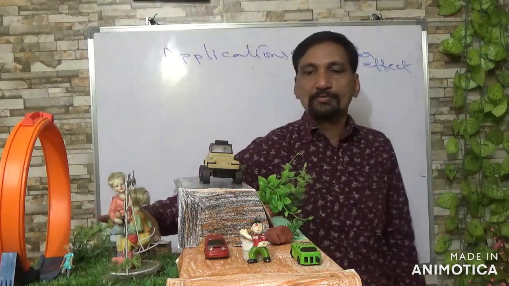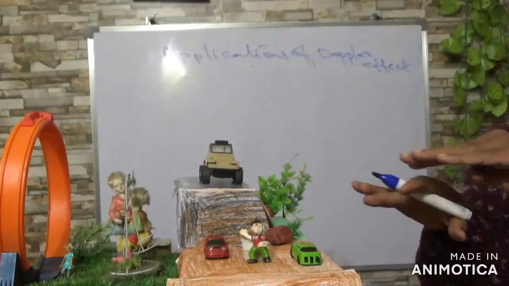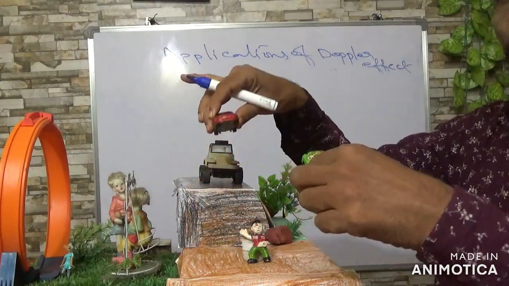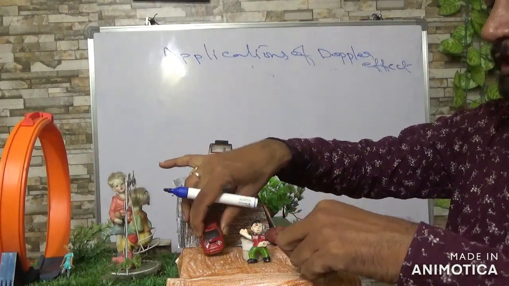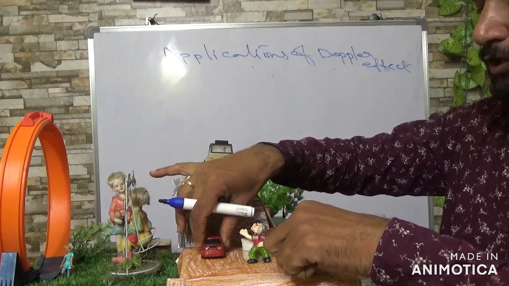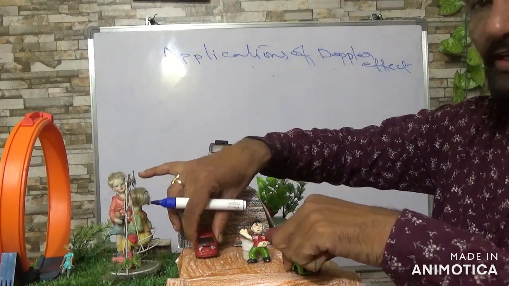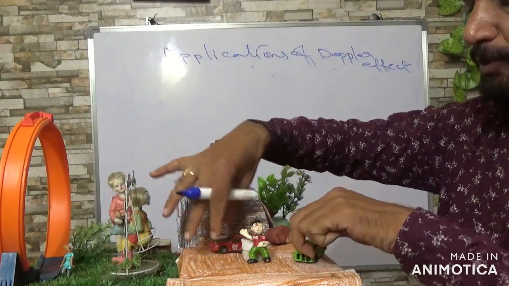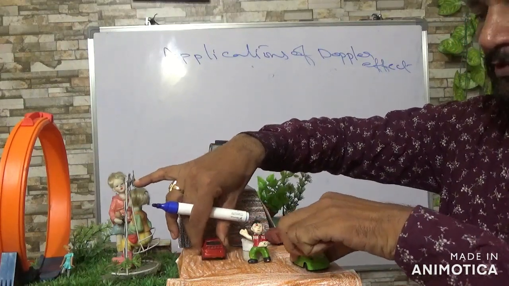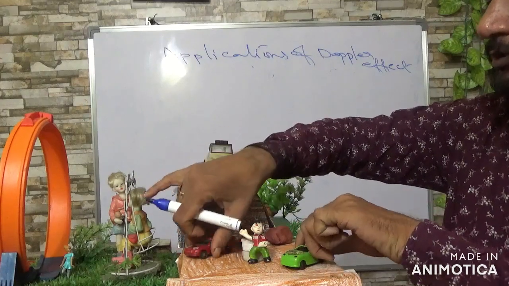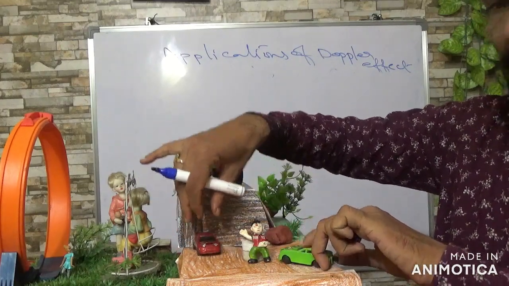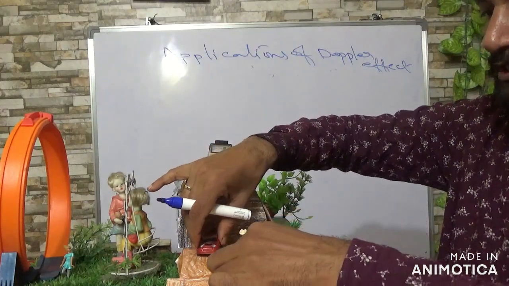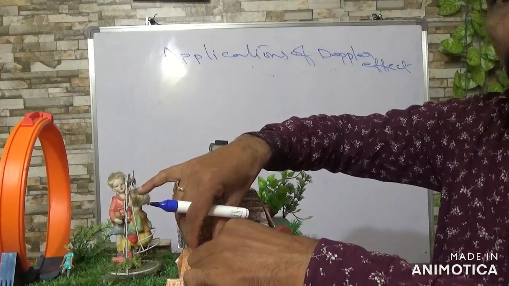Now first one, about horizontal platform. Let us consider two cars moving on a horizontal surface in opposite directions, approaching each other, or they may go away from one another. Suppose one car has given a horn and the other car is coming in the opposite direction.